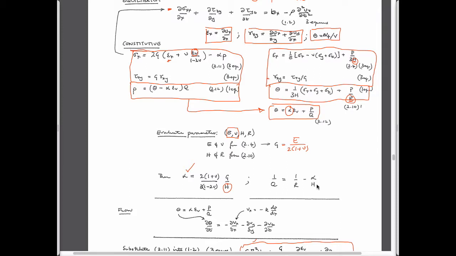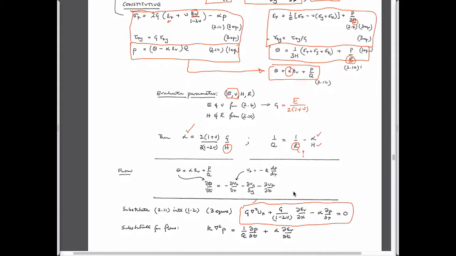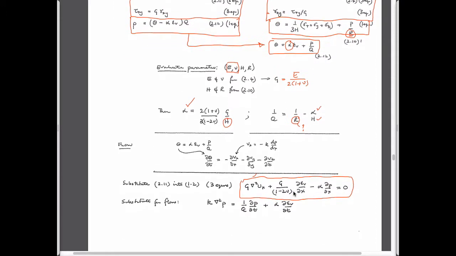And if we know what both H and alpha are, and we can also measure the value of R in some way, which we'll talk about in a second, then we have a way of getting this factor Q. So the equilibrium equation with constitutive behavior in it is the first one.